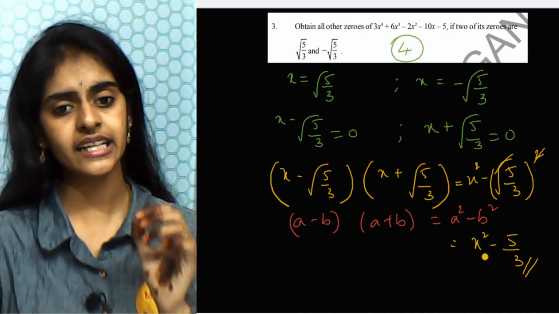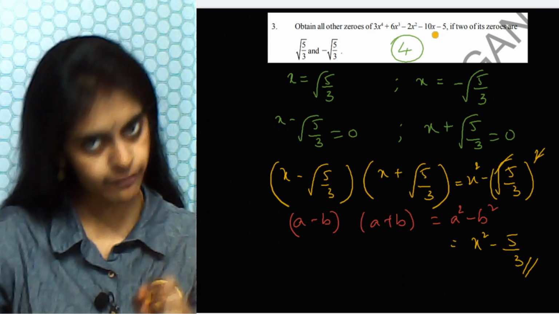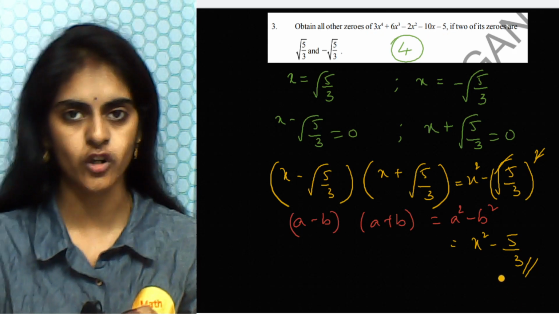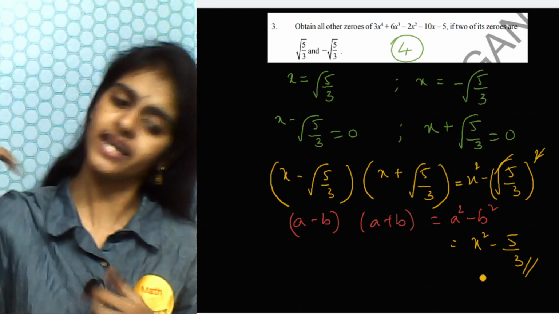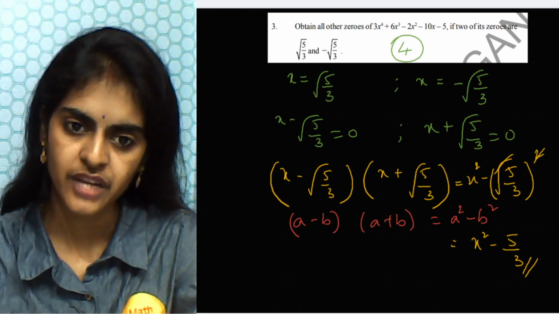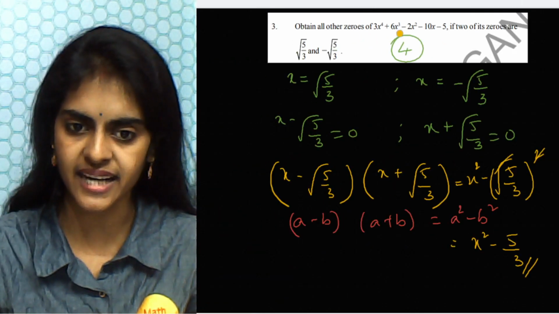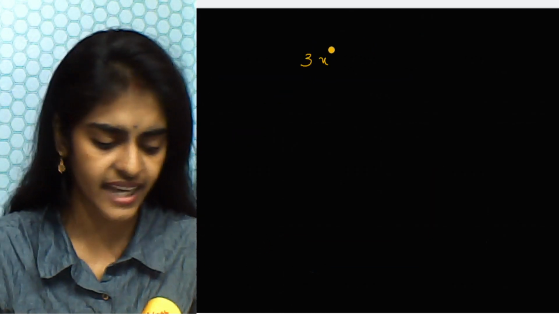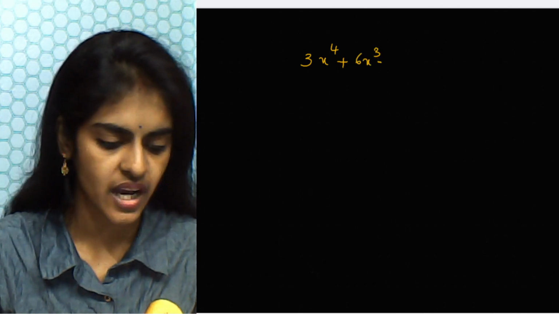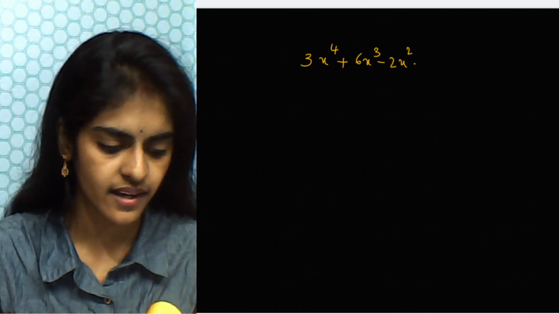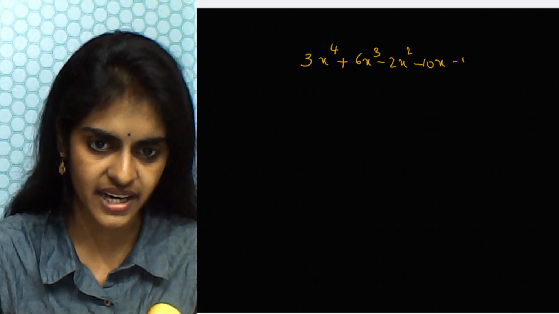Now dividing this polynomial of degree 4 with this quadratic polynomial, you will get another quadratic polynomial as the quotient. Let us divide it and see, so you will understand what I am saying. The given polynomial is 3x to the power 4 plus 6x cube minus 2x square minus 10x minus 5.